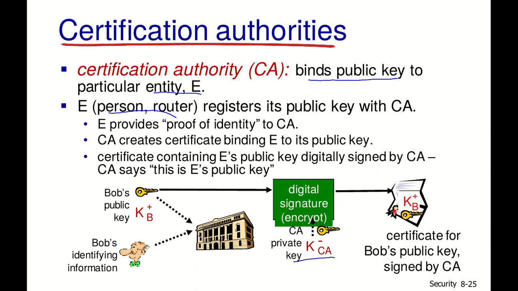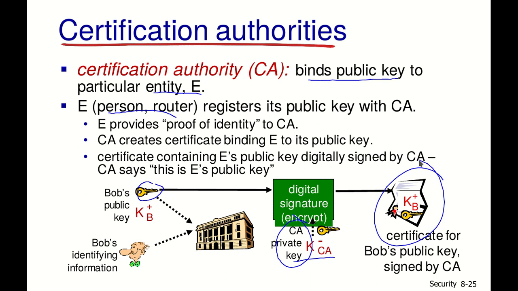The certificate is signed by the private key of the CA. So now we have the public key, the public key is put in the certificate, and then both are signed by the CA's private key, so it becomes a certificate.